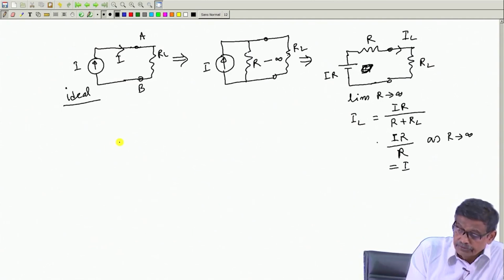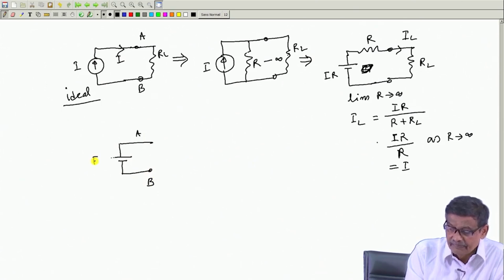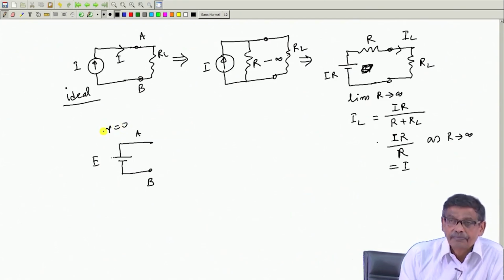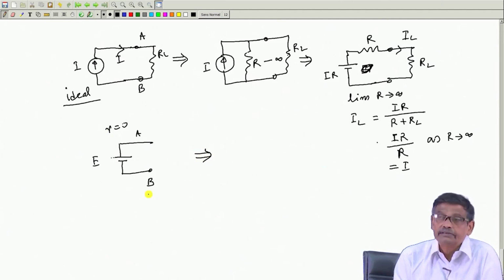Similarly, a voltage source, ideal voltage source E, these are the terminals, internal resistance is 0. I want to convert it to a current source, which I cannot if R is strictly speaking 0.